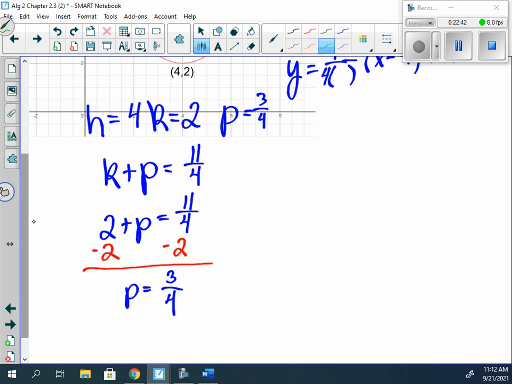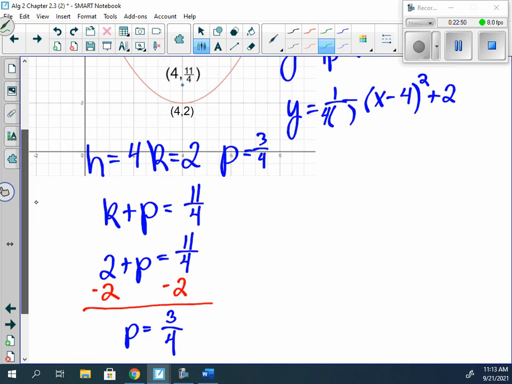Because you can do 11 fourths minus 2 in the calculator and hit enter. And it should give you 3 fourths. Plug it back in. So we're doing 4 times 3 fourths. Should give us 3.